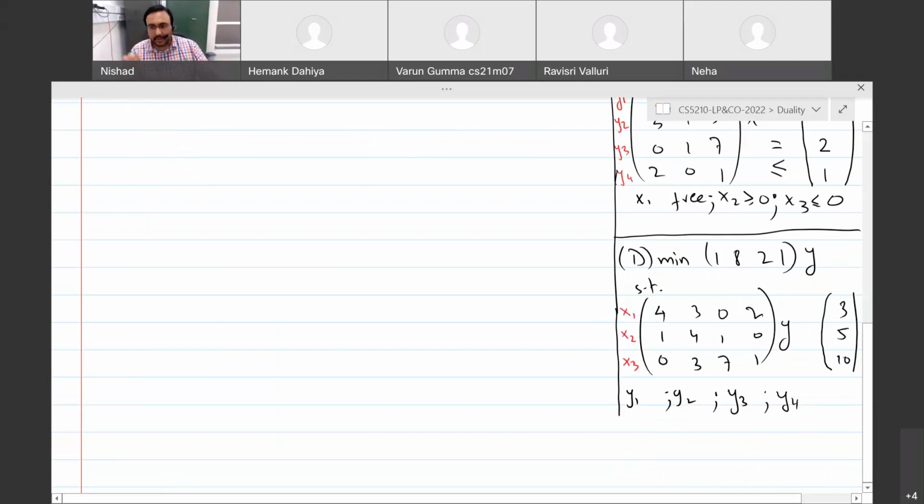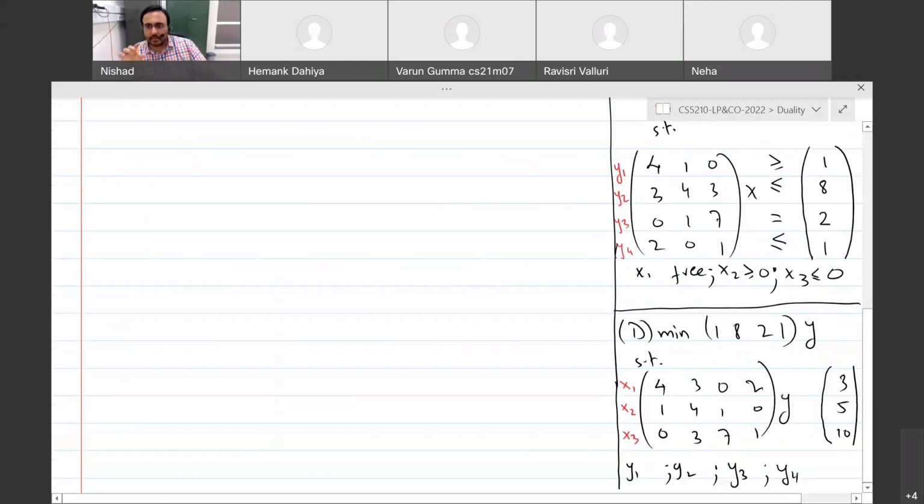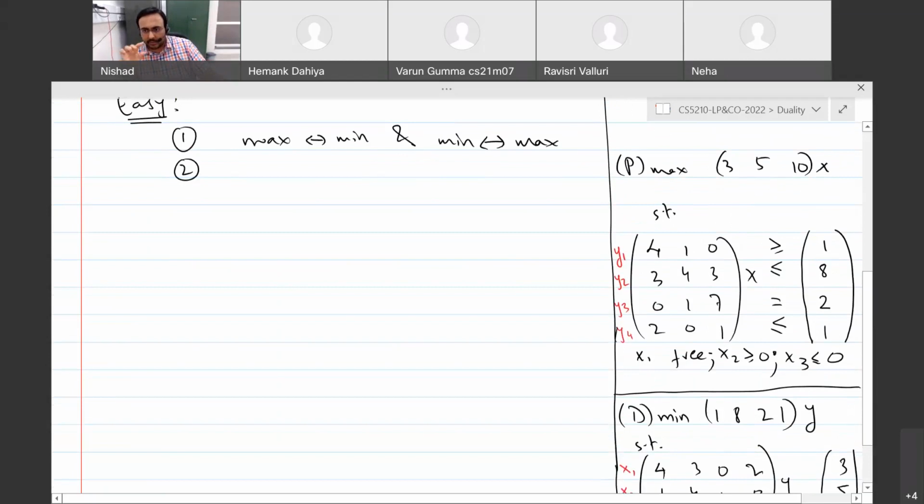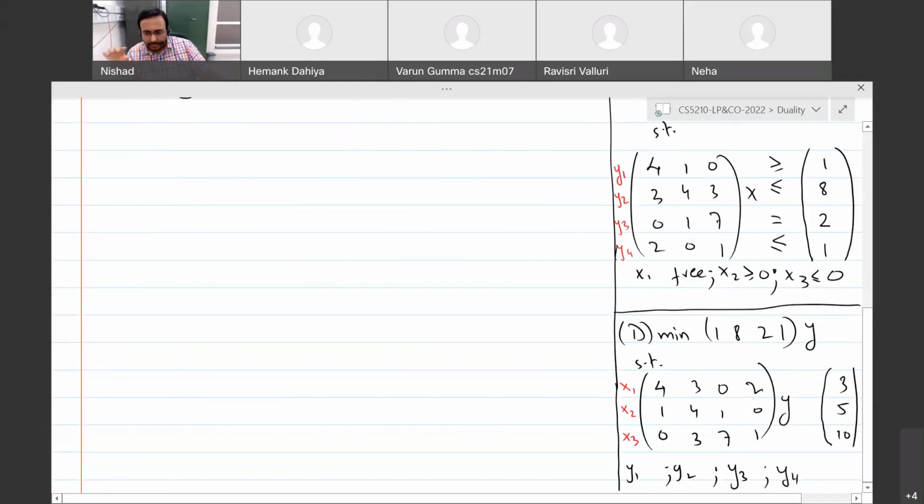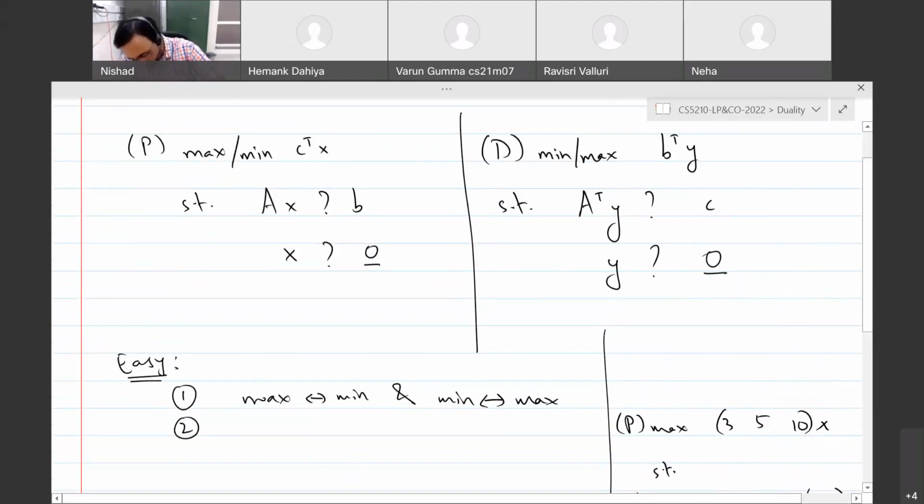That's how you want to think about it. The first constraint in the primal corresponds to the variable y1, which is called a dual variable. And similarly, the first constraint in the dual corresponds to the variable x1, which is a primal variable. So the constraints and variables correspond to each other in that sense. Maybe I'll write it down here.